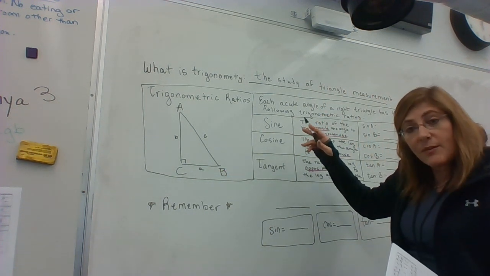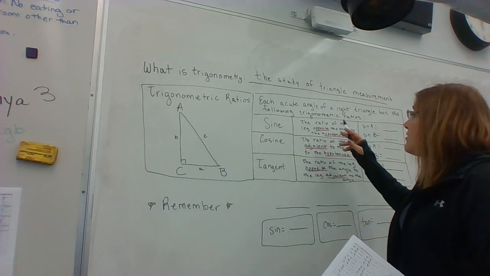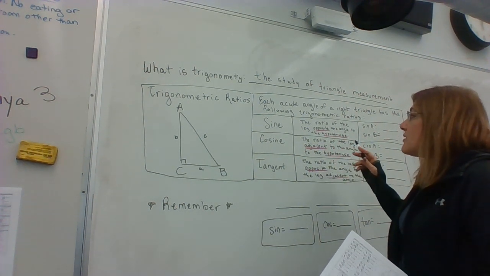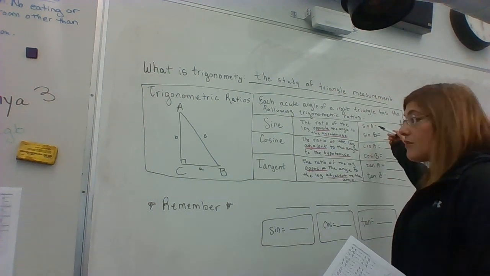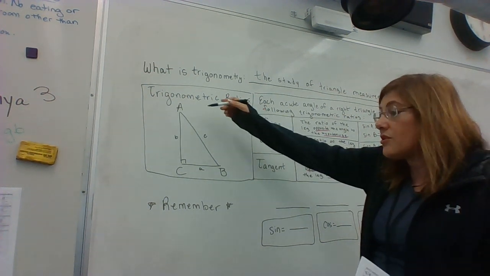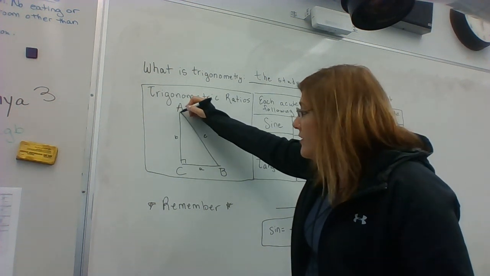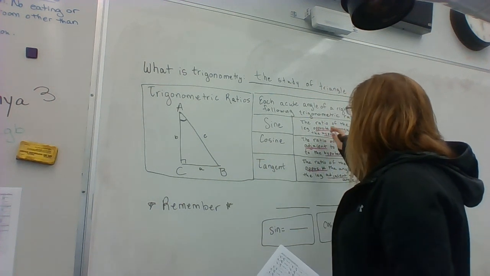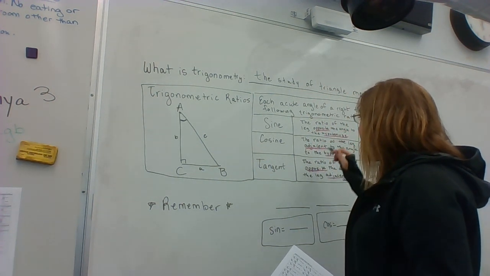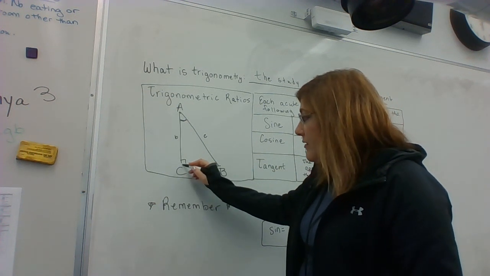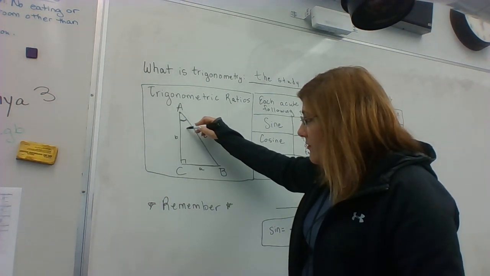So when you're talking about the sine, the ratio of the leg opposite the angle to the hypotenuse is what we're talking about. So over here it says, what's sine of A? Well, let's look over at our picture. Here's angle A, right? And it says the ratio of the leg opposite the angle, which is this little leg over here, it's opposite the angle, right?